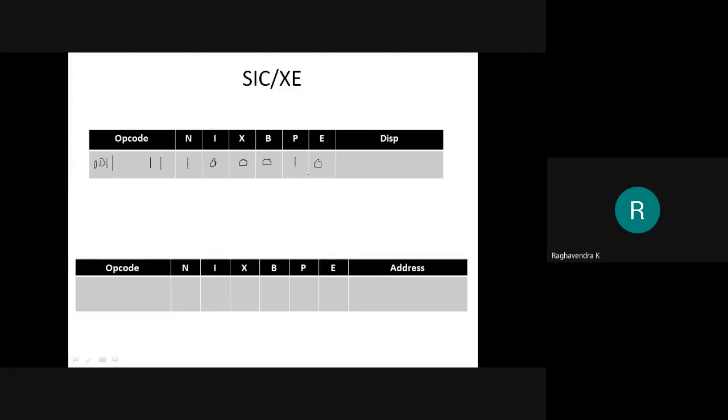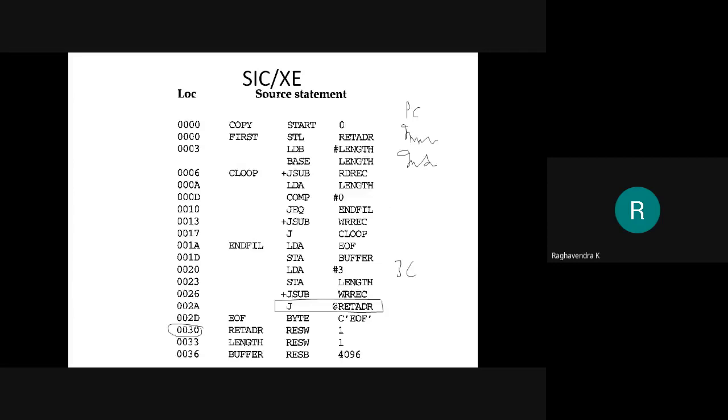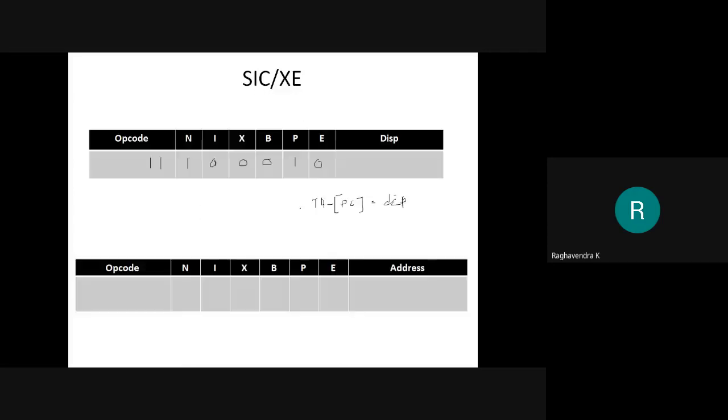Okay, so what is the formula? Again, target address minus the content of PC will give me the displacement value. So target address is RETADR, which is 0030, minus the content of PC.